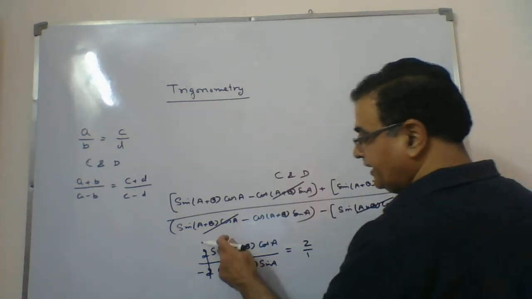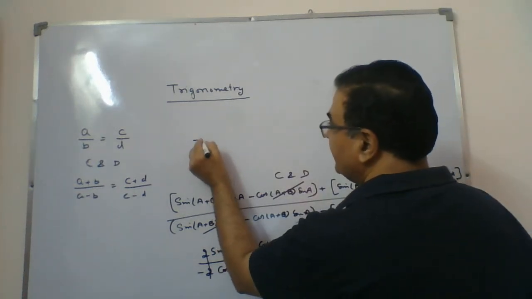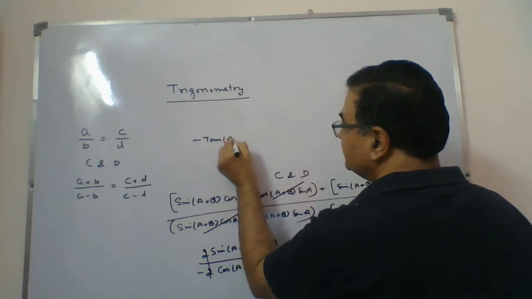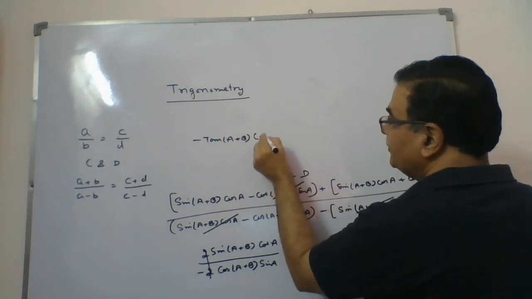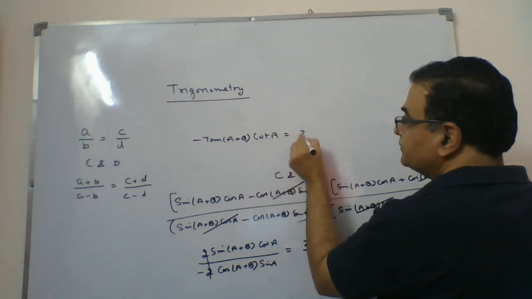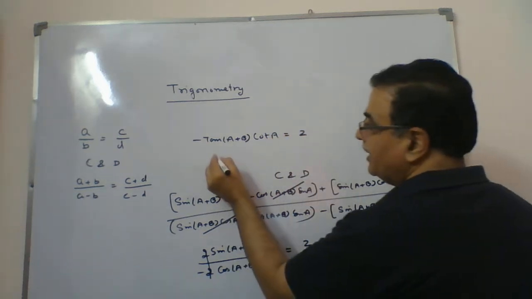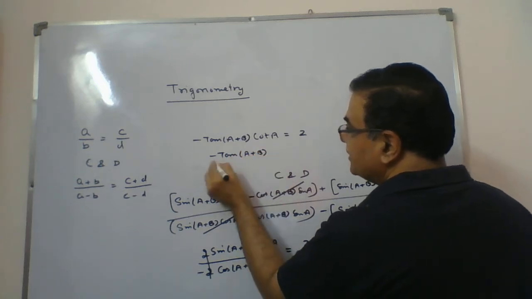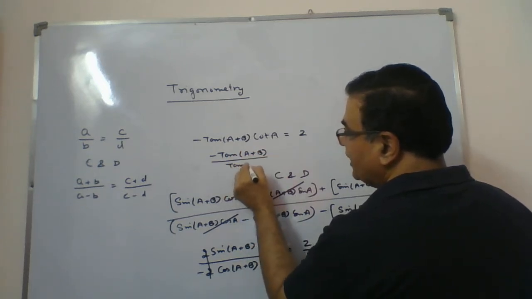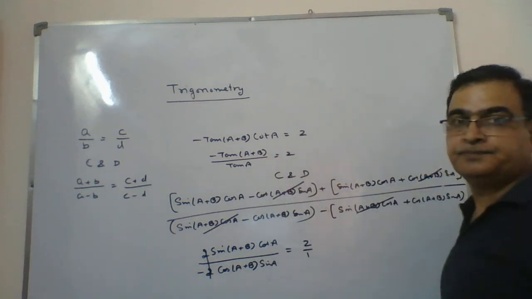This left will be sin a plus b by cos a plus b minus of tan a plus b. This will be cos by sin, that will be cot of a, comes out to be 2. And then I'll write minus tan a plus b by tan of a, comes out to be 2.